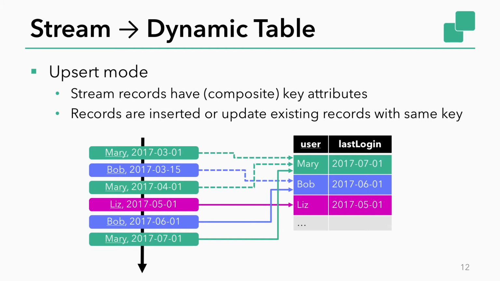So this is a table which updates its entries based on the row. Whenever we see a new key, it's an append to the dynamic table. And whenever we have a key which we already have in the dynamic table, we replace the current value with the new one.